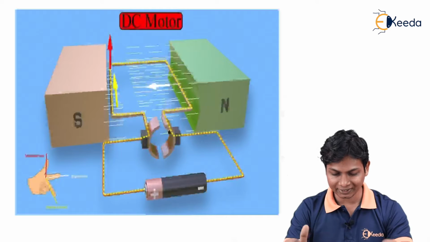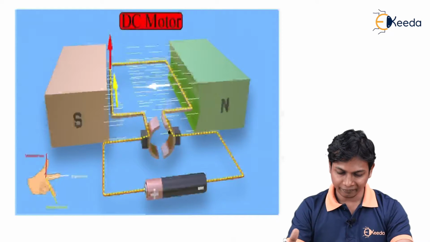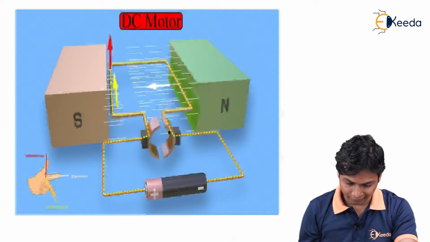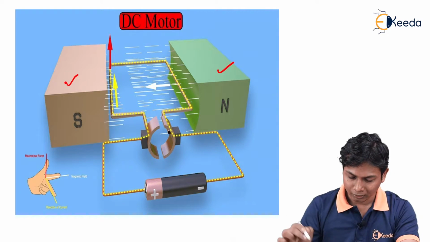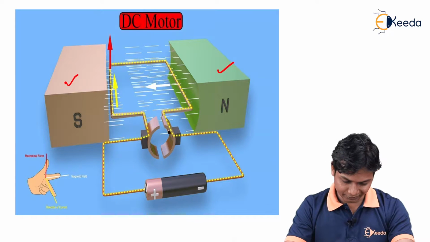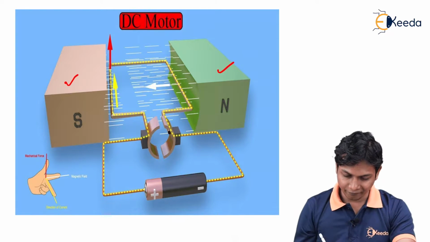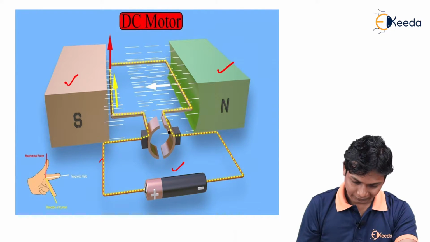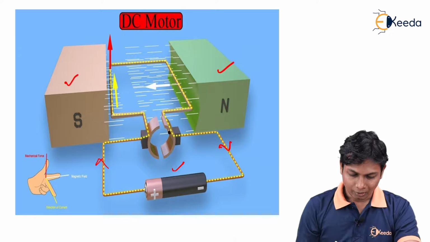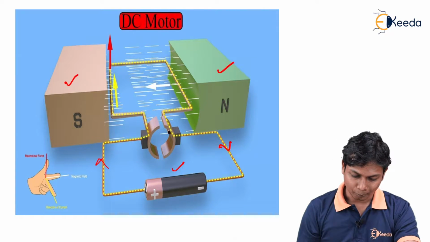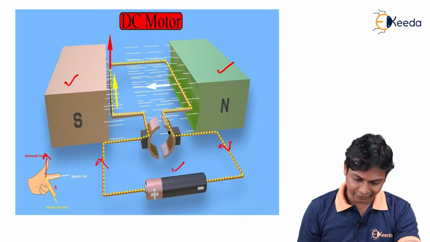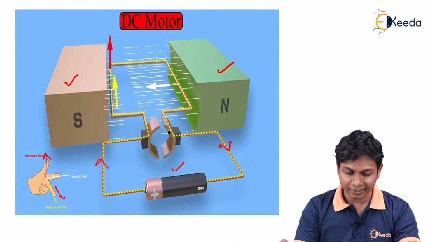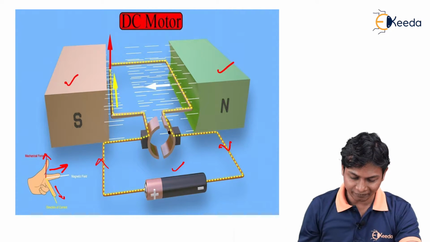Now, here you can see the working of a DC motor, where the south and north poles produce a magnetic field, and current flows through this battery in this direction and comes back this way. The thumb indicates mechanical force, the middle finger indicates the direction of current, and the index finger indicates the magnetic field.